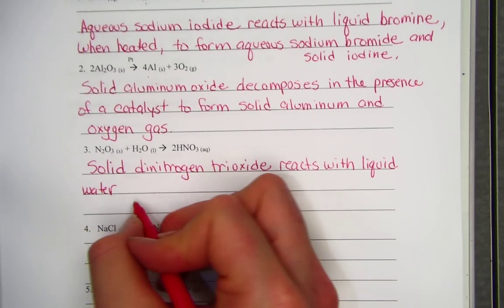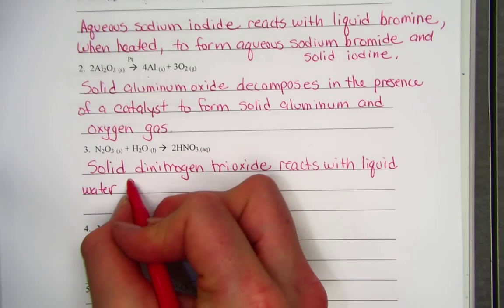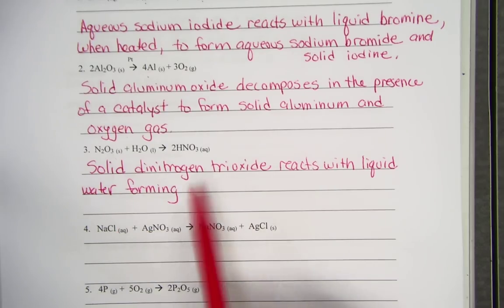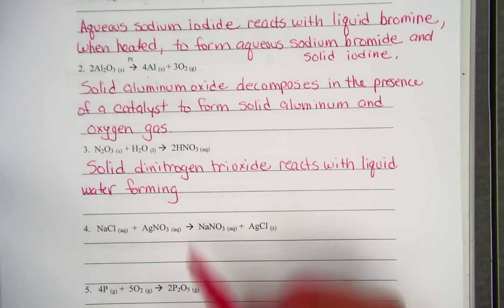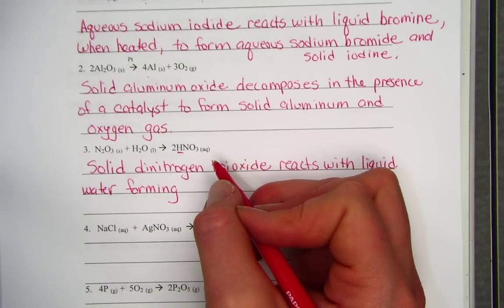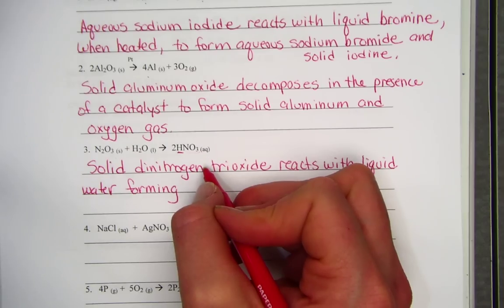Then the arrow, you want to say yields, forms, produces. I'll say forming. Solid dinitrogen trioxide reacts with liquid water, forming. Then I notice I have an acid. This is a compound that starts with an H. Nitrate is the polyatomic ion.